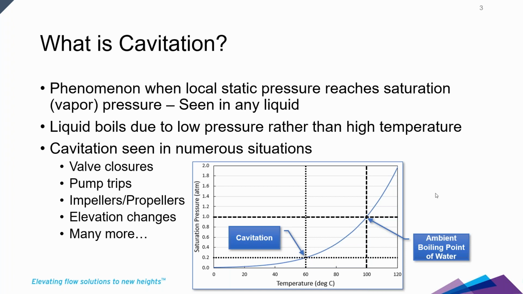So cavitation can happen in lots of situations. If you have a valve closure event, when your valve slams shut, you're going to have a high pressure wave that reflects from the valve upstream at a high pressure surge, and then as it comes back to reflect off the valve a second time, it's kind of a low pressure reflection.